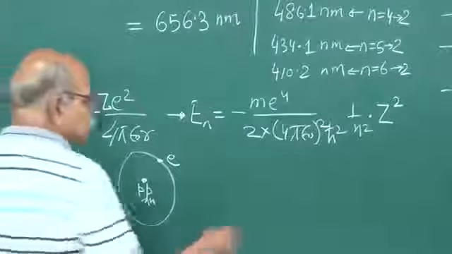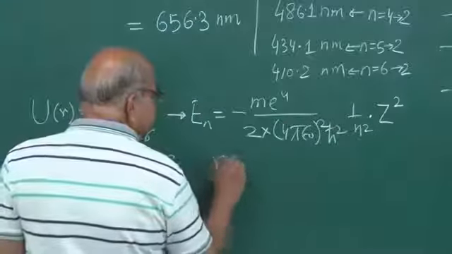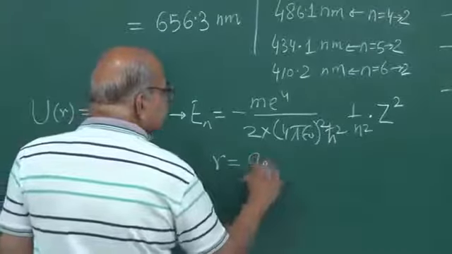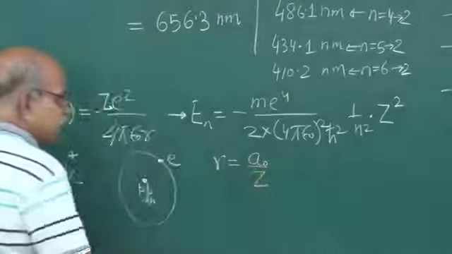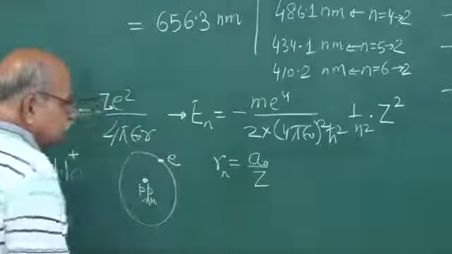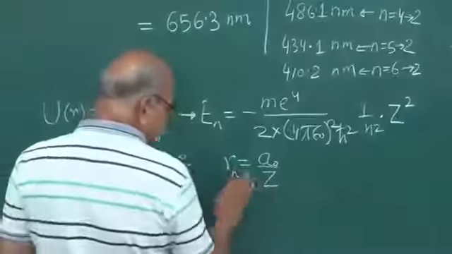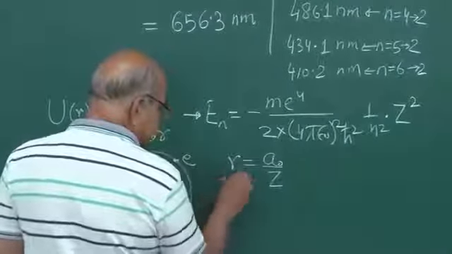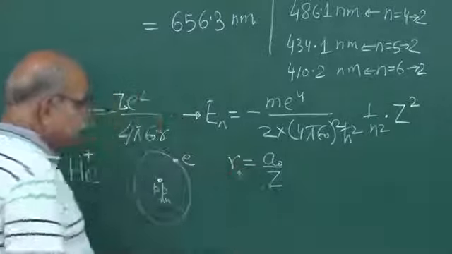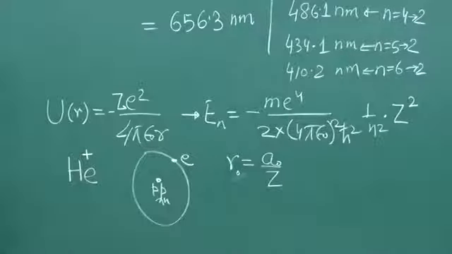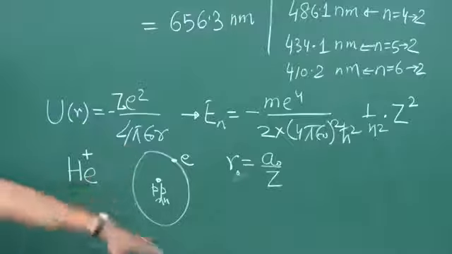The radius will be a naught divided by Z. So everything works quite well. Let me write the first one only. Others also go the same way. So this is how it works quite well.